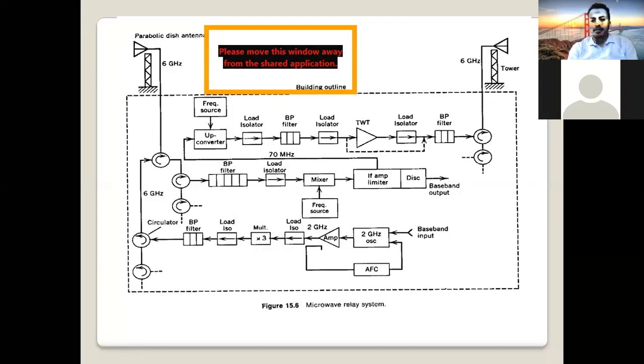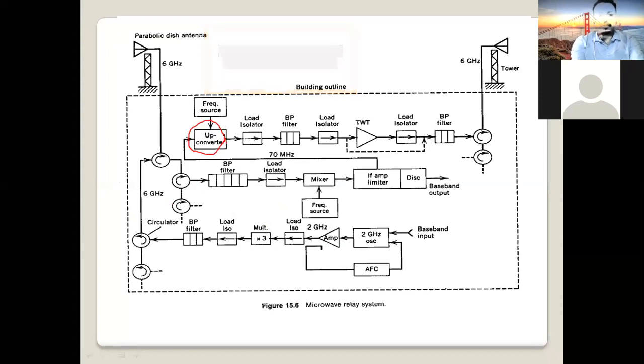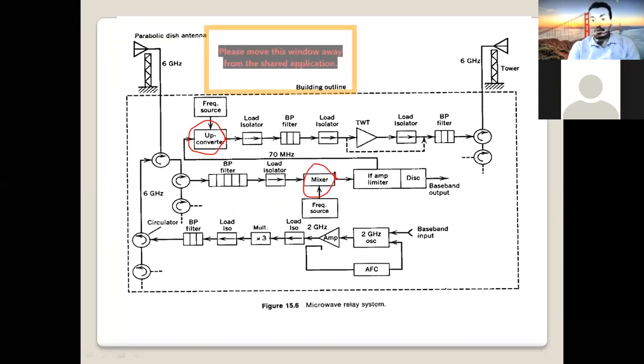In this system, you can see here we have a mixer. Here is another mixer. It's one of the devices commonly used in microwave systems. So to understand this overall system, this microwave relay system, it's very important to understand how this mixer, one specific device, operates, and what the different data sheets, applications, and types are. If you understand how it works, then it will be easy to understand the overall picture.